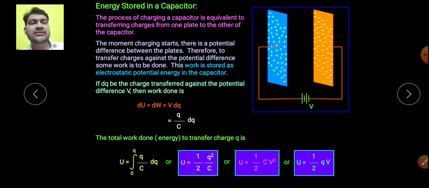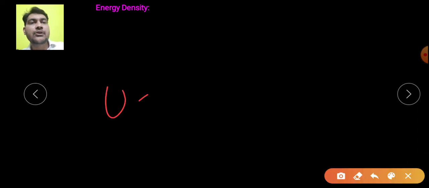Now the next topic is energy density. Students, before talking about this topic, we discuss the factors on which the energy stored on a capacitor depends. Energy stored is given by U equal to half CV square.